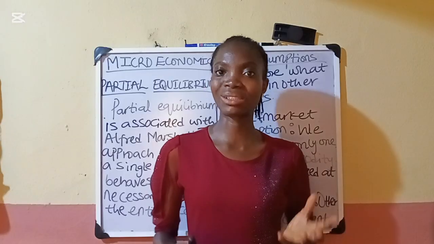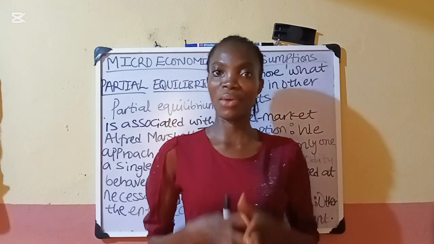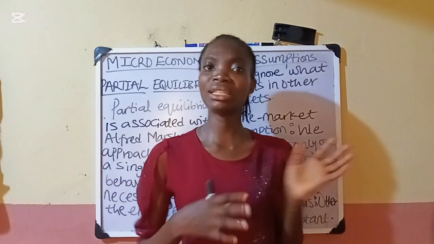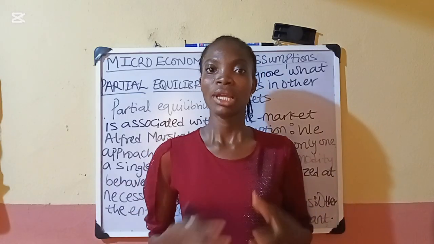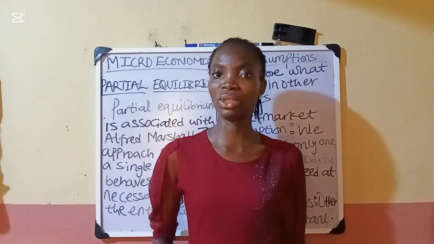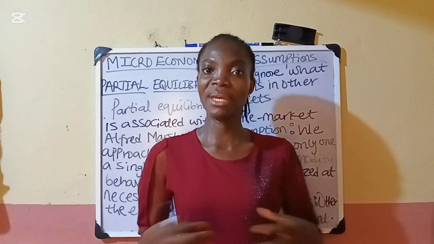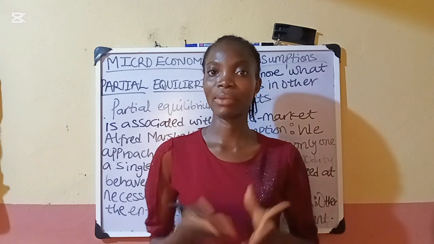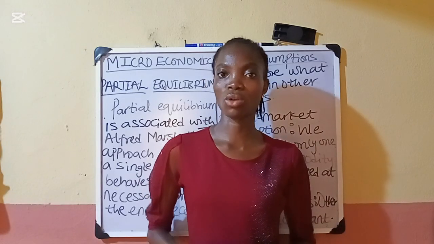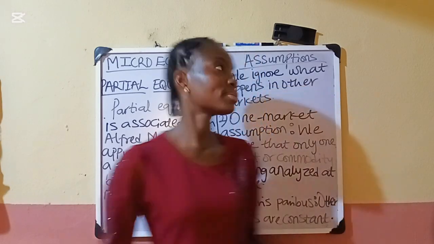So consumer surplus is benefit to the buyer, whereas producer surplus is benefit to the producers. Consumer surplus and producer surplus help us to know how both the producer and the buyer benefit while participating in the market. Now moving further, we'll be looking at the key assumptions of partial equilibrium.